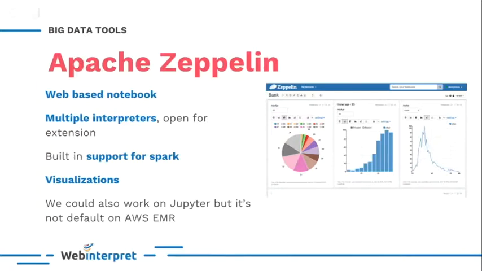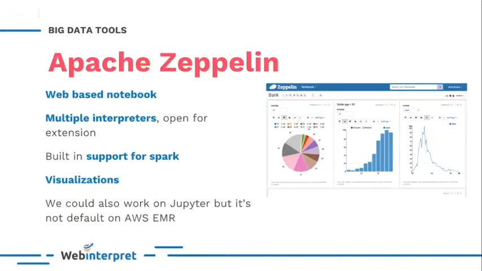Okay, so when we started to solve our problem, we had to choose the stack, and we chose Apache Zeppelin to create, manage, and run our jobs. Basically, it's a web-based notebook. It supports multiple interpreters, also supports Python, and we are a Python company, so it was really convenient for us.